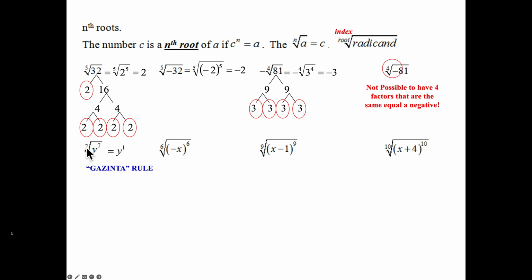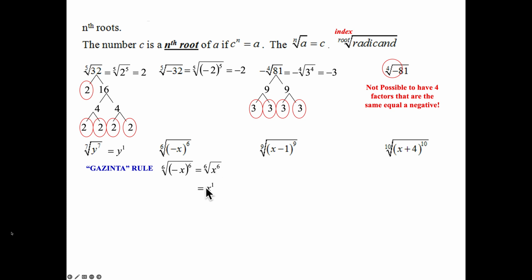The 7th root, 7 goes into 7 once, y to the 1st. Be careful again with the 6th root and 6th power, just don't cancel them out. Remember, all even roots must be positive. So negative x to the 6th power is 6 negatives multiplied together, which gives me a positive x to the 6th.